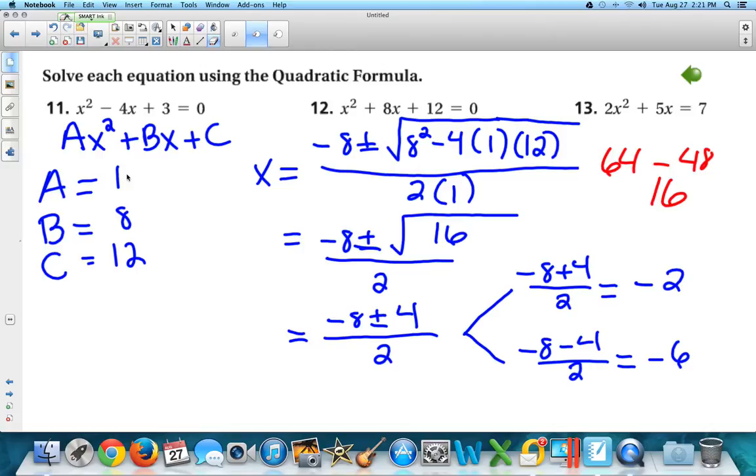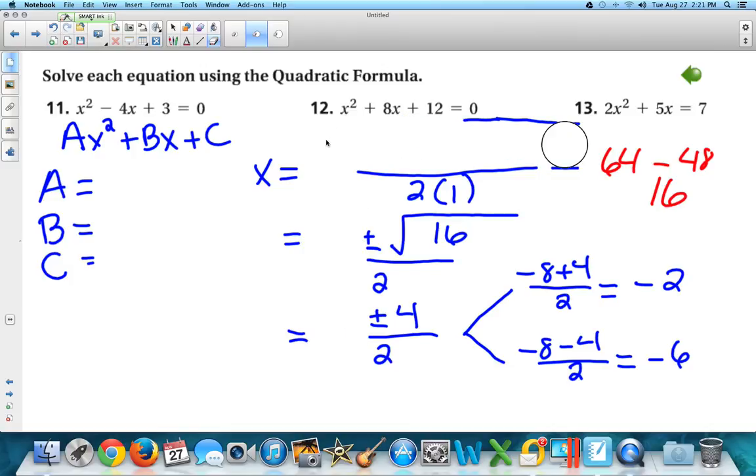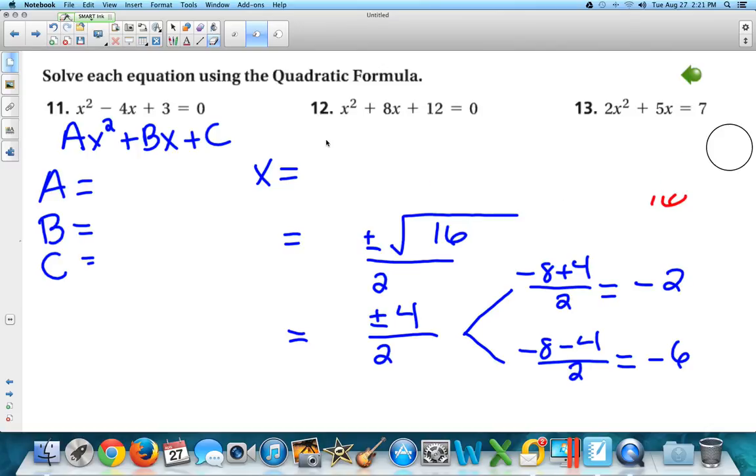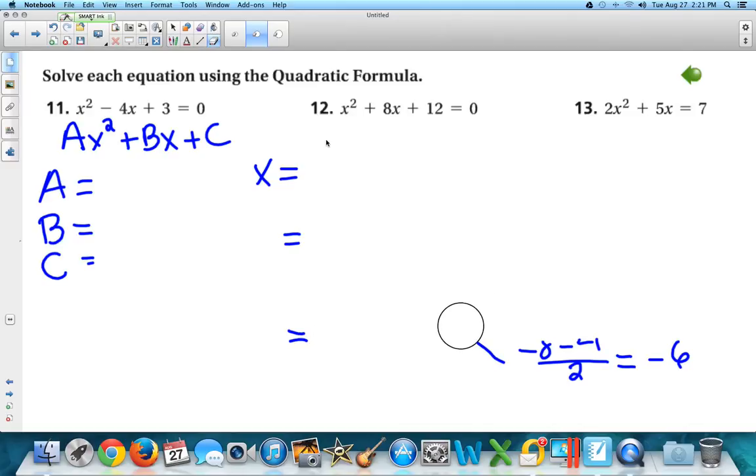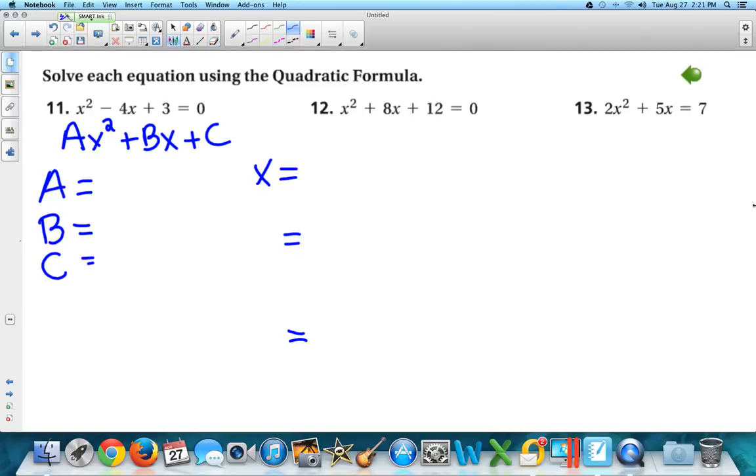Now, last example. This example may trick some people up because not everything's on the same side.